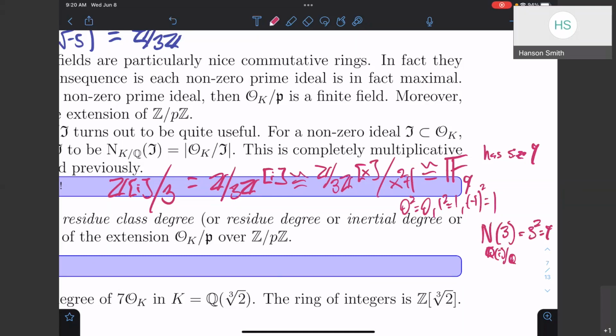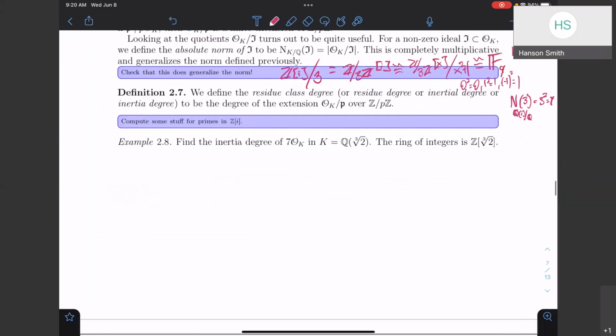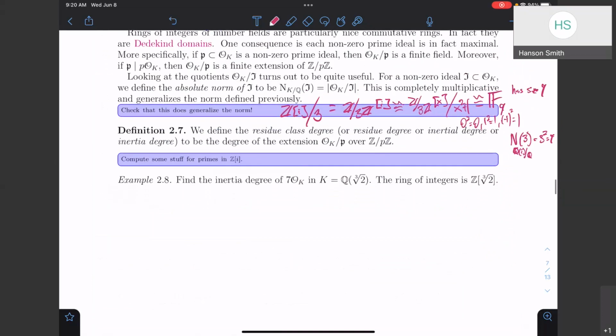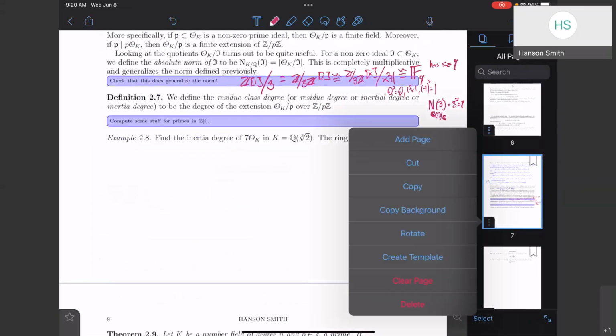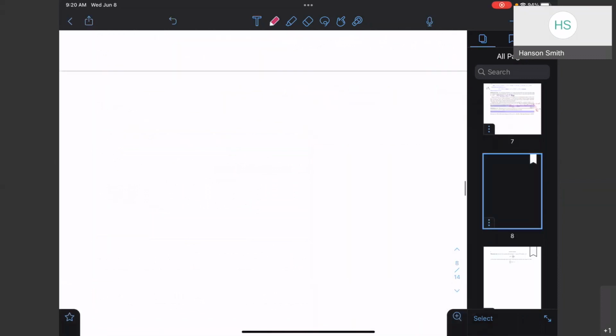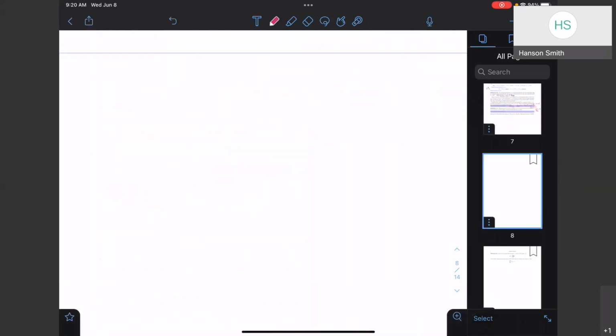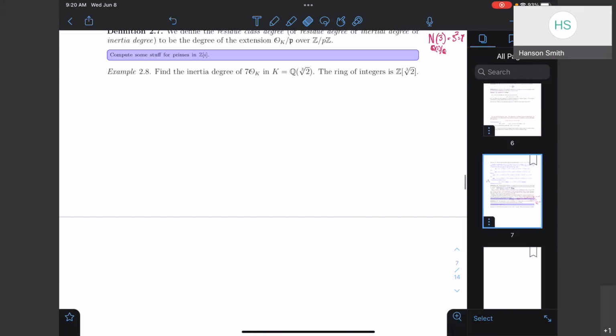So sure enough, these things agree. I should probably go ahead and pull up another page for this, maybe. Let's see, how about we check that... I don't know, how is this?